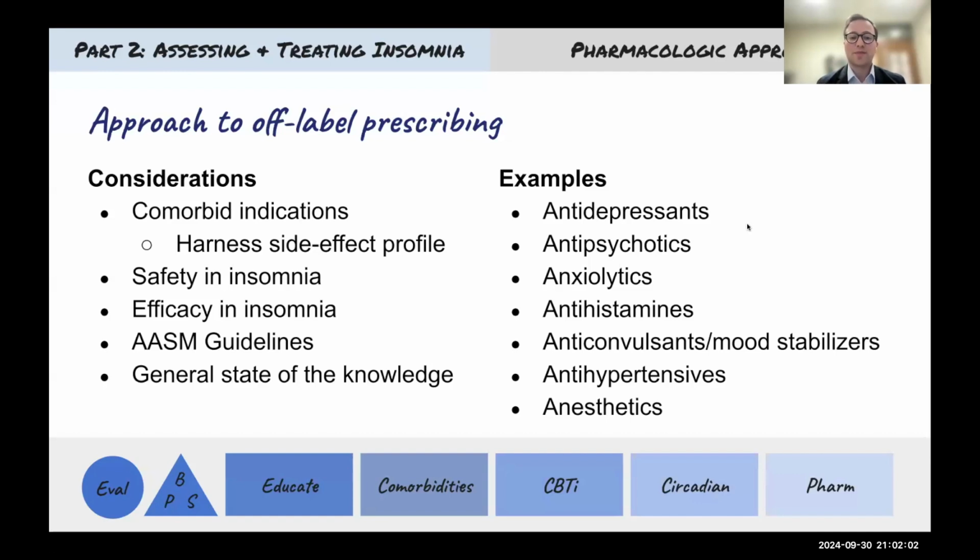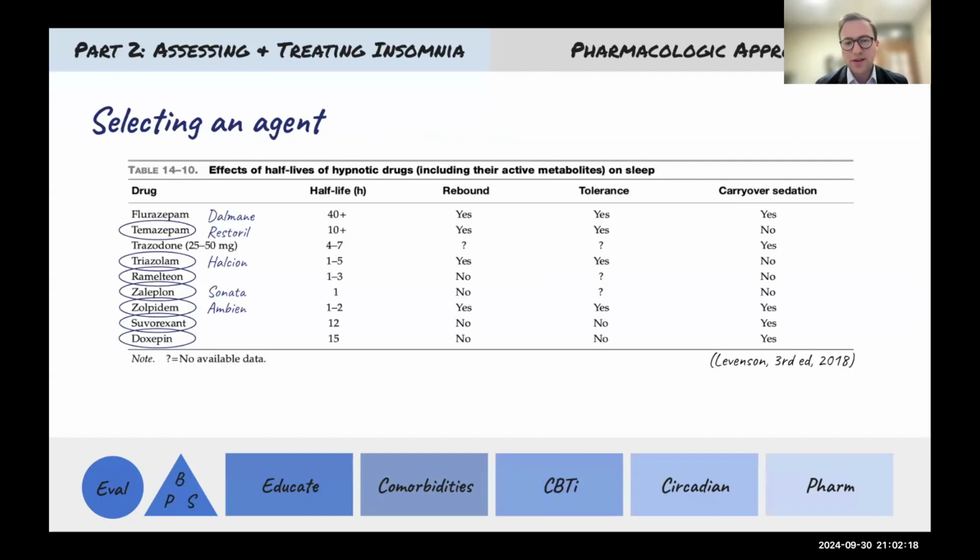We want to consider the safety profile of the medications in insomnia, the efficacy, the American Academy of Sleep Medicine guidelines, and the general state of the knowledge, using a very common sense and practical approach. One helpful thing to consider is the pharmacokinetics of the medications, including the half-life. And we see the circled medications here are evidence-based according to the American Academy of Sleep Medicine for the treatment of insomnia.